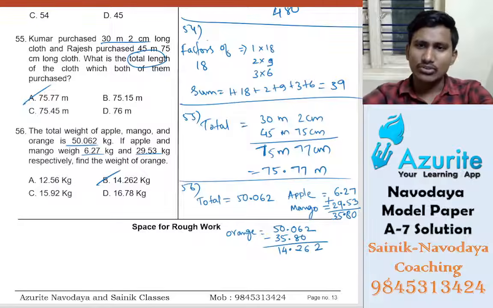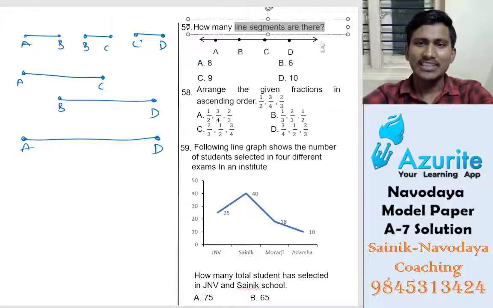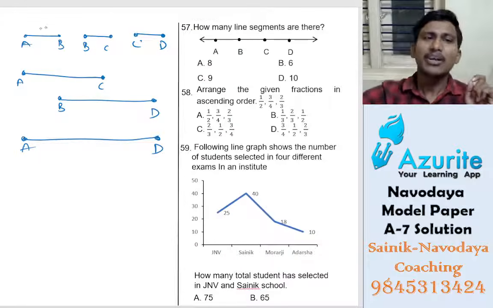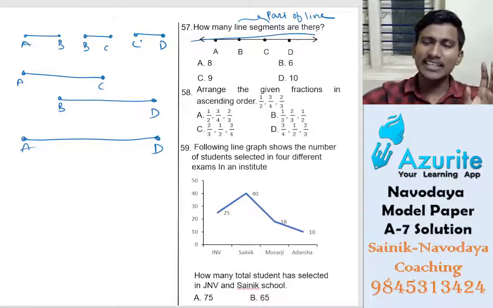So see here, let's go to the next question, that is 57. What is the question? How many line segments are there? Line segment means part of the line. Line segment means part of a line that is of fixed length. So here in this line, how many parts can we make?